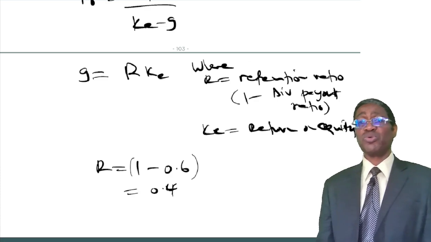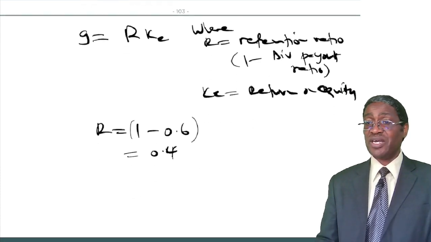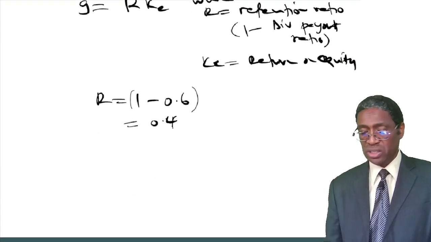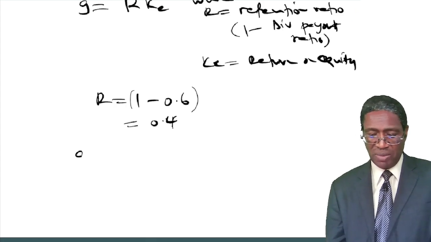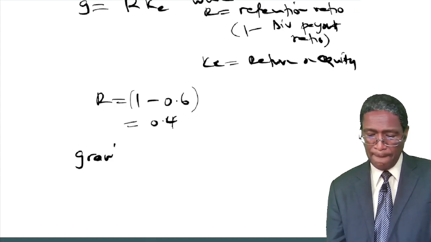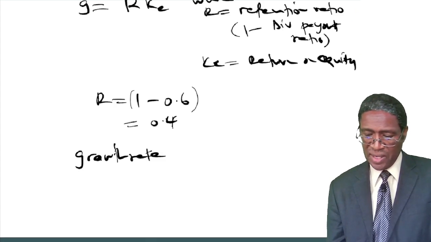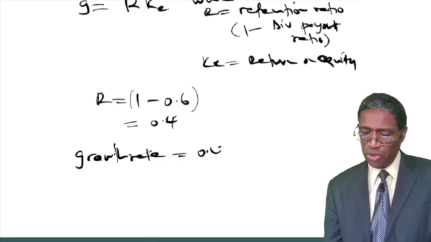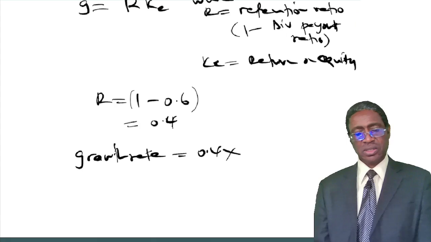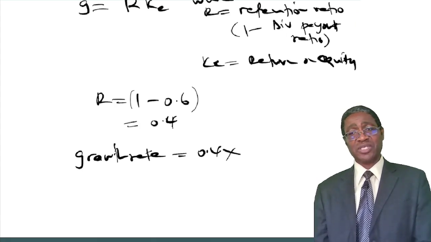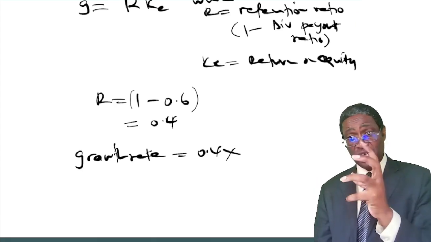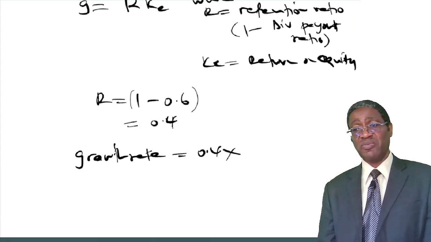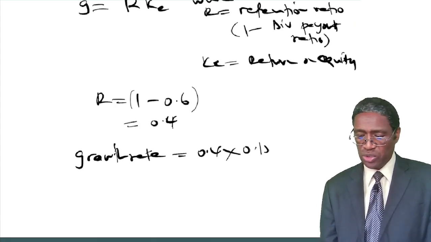Now we can compute the growth. We have been given the return on equity as 15%. Write your growth rate equals 0.4 times the return on equity, which is 15%, or 0.15.